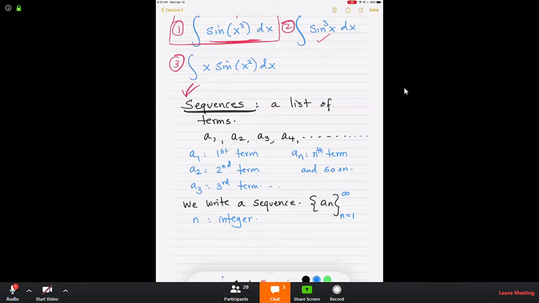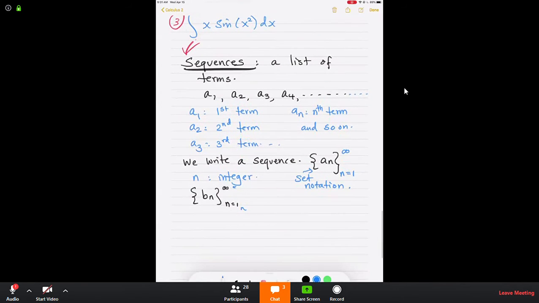When I write something like bn, for example, n goes from 1 to infinity, we usually skip that. We don't write it because we understand this is the set notation. So in some ways, a sequence is a set. It's a collection of objects. So then we understand that this bn is really b1, b2, b3, b4, and so on and so forth.